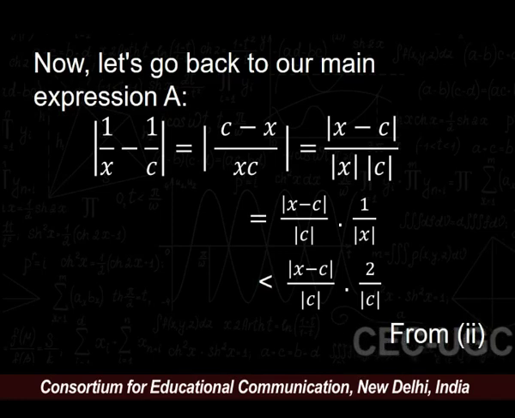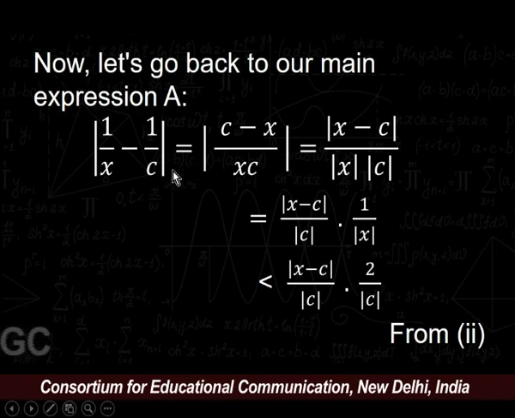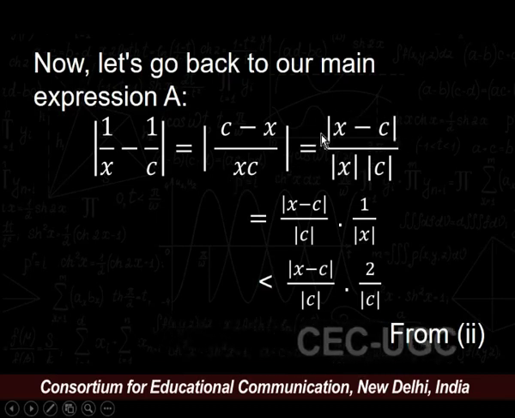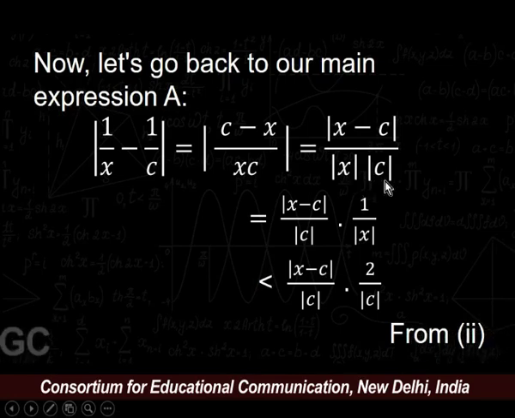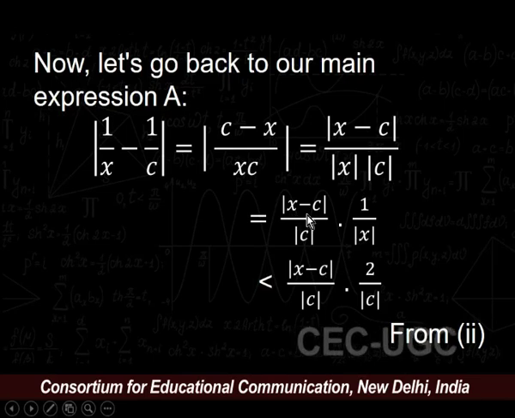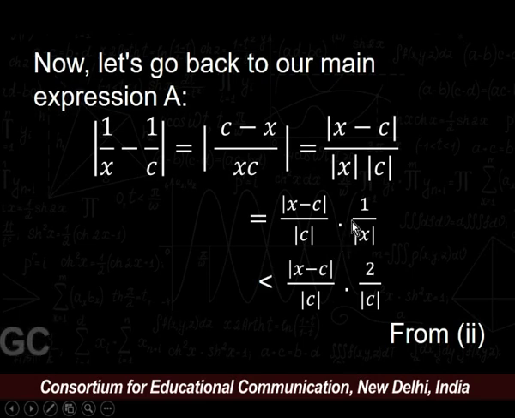Now, let us go back to our main expression A. Our main expression A was |1/x - 1/c| = |x - c|/(|x||c|). If we rewrite this, the expression becomes |x - c|/|c| times 1/|x|.